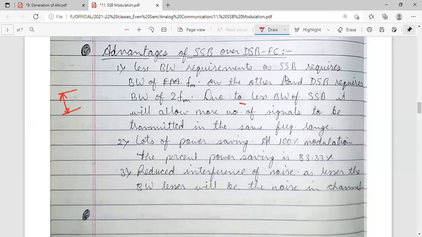So due to less bandwidth, SSB will allow more signals to be transmitted in the same frequency range.